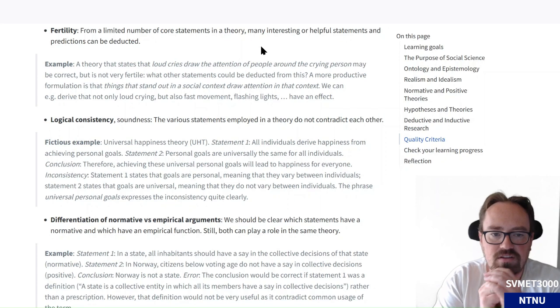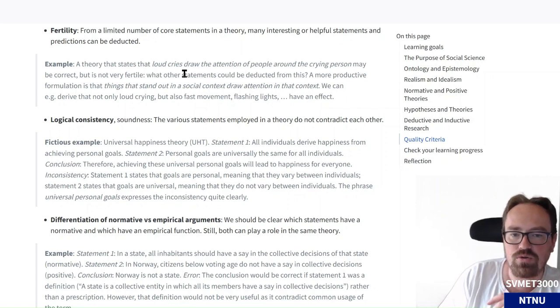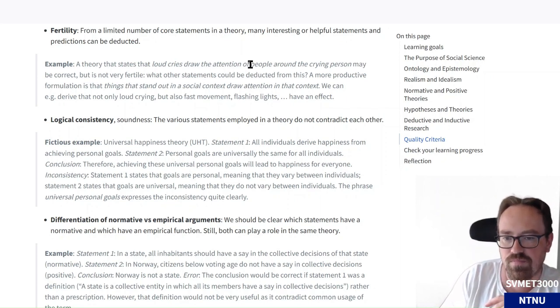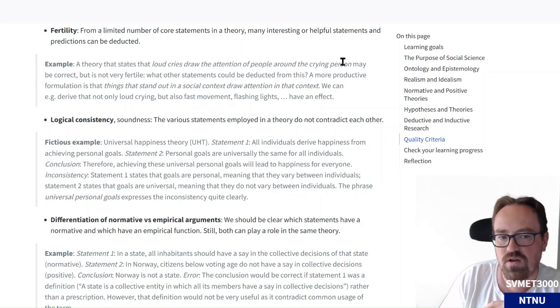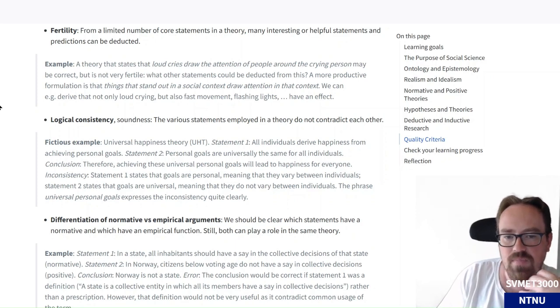An example would be a theory that states that loud cries draw the attention of people around the crying person. That prediction may be correct, but it's not very fertile. There are not many other statements that you could derive from this.